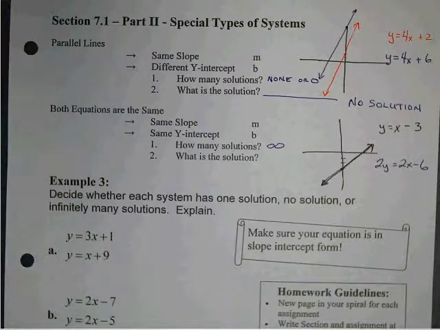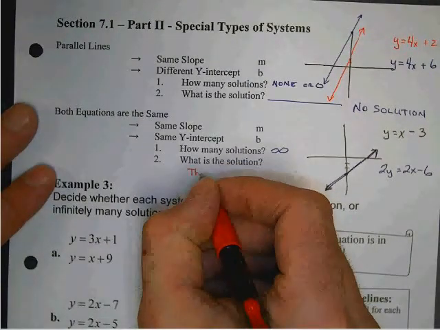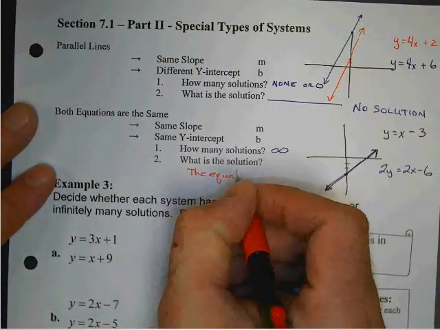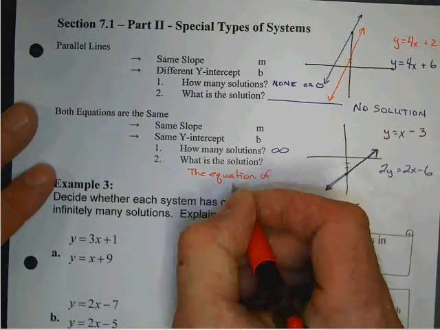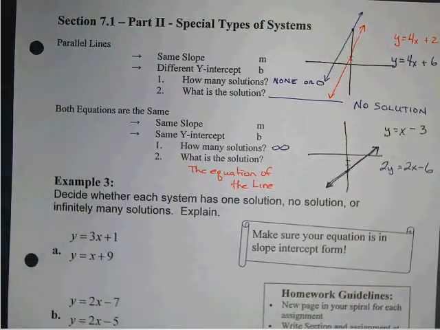They don't just touch everywhere, Luke, but they touch everywhere on the line. So the solution is the equation of the line. Luke, that makes sense? Yeah. Whatever the equation is, that's the answer. Because an equation, Haley, is just where all the points are that work for that line.